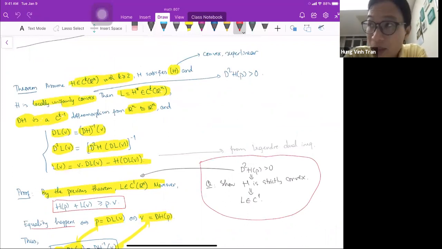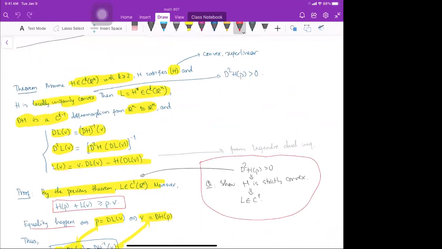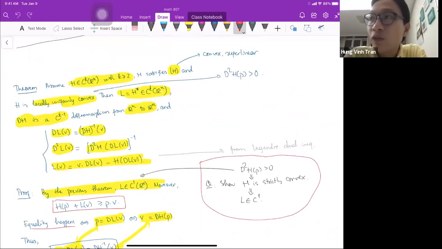Later on, I mentioned that we're going to do more for the uniformly convex case. The reason is that if somehow you have certain a priori estimates, then you don't have to worry about all of P, but only about P in a ball centered at 0 with radius 1000, for example.